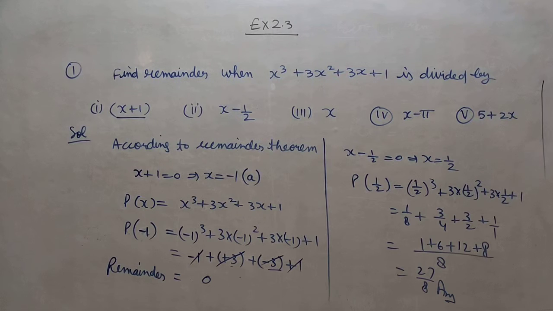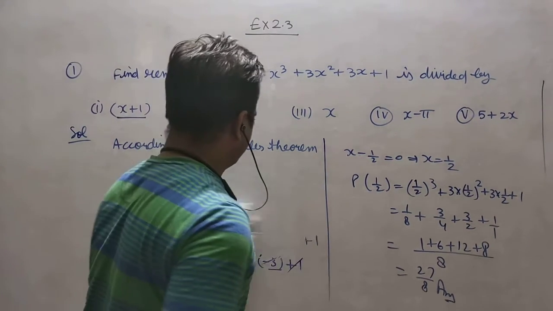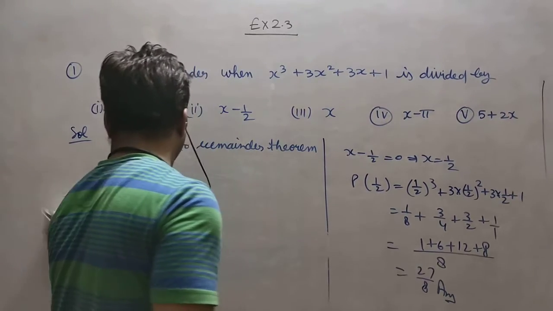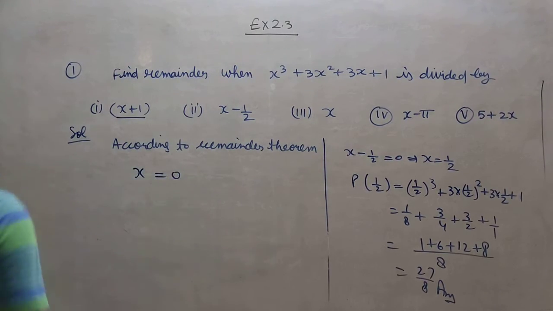So we can do all the other sums like this. I am doing one more, related to the third one, x. What value will you put here for x? Because there is nothing with x, in this case we put x as 0.